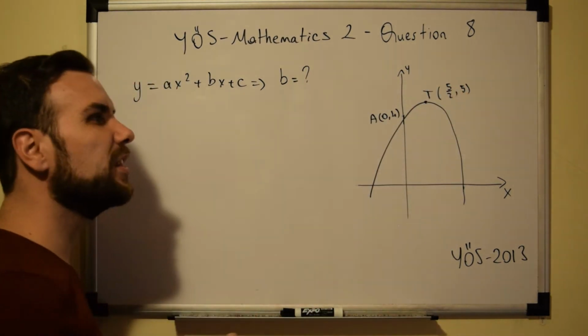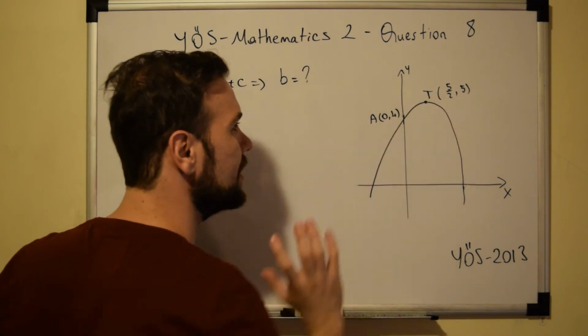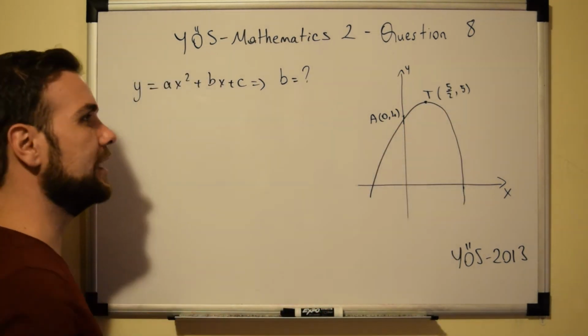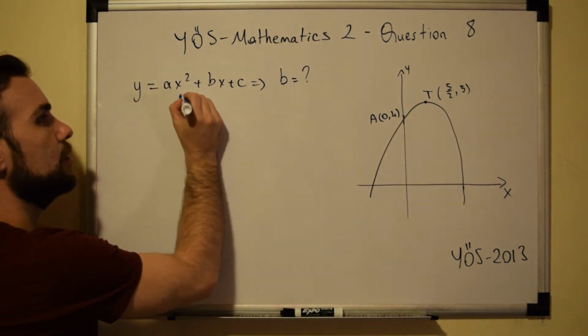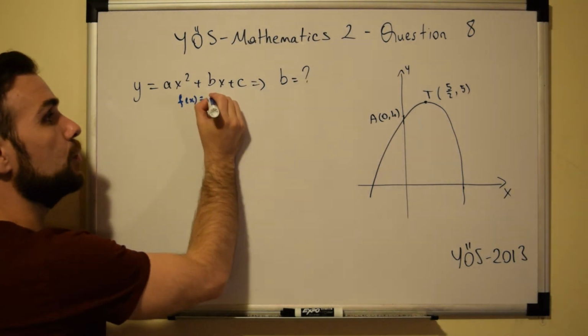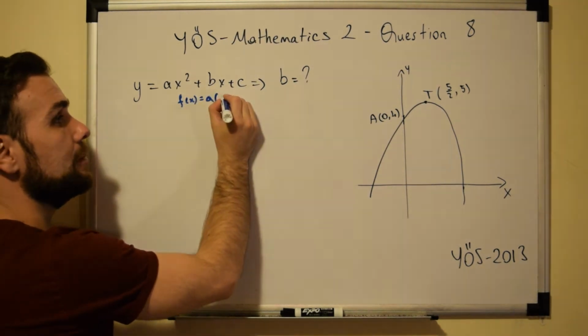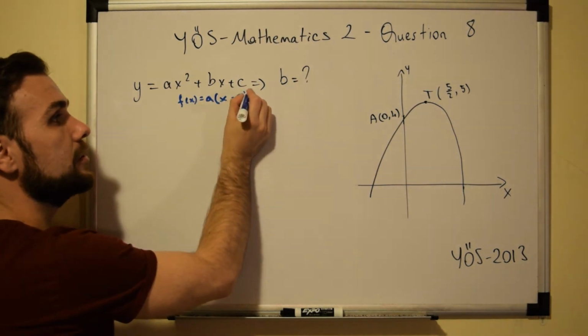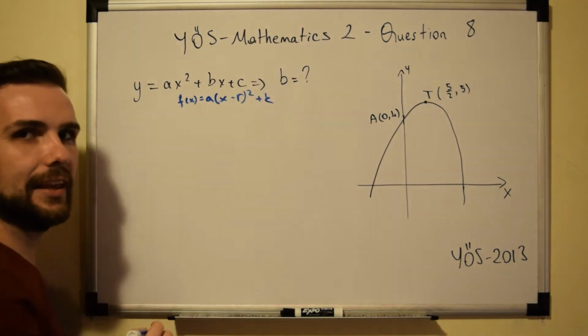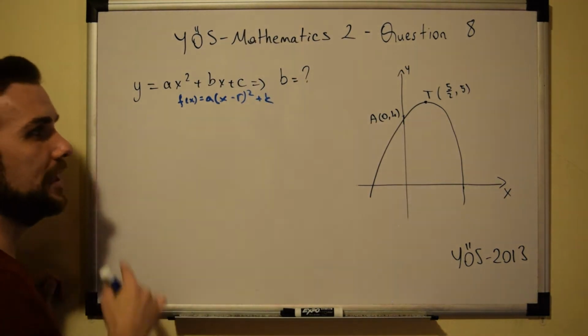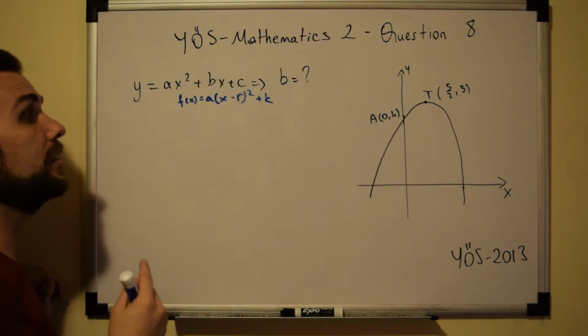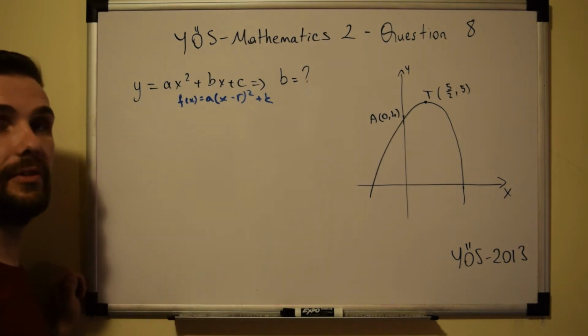When we are dealing with the peak of this function in the coordinate plane, there is a special formula that we need to use, and that formula is f(x), which is equal to a times (x minus r) squared plus k. This is the formula that we need to use. But now the question arises, what is the value of r and what is the value of k?